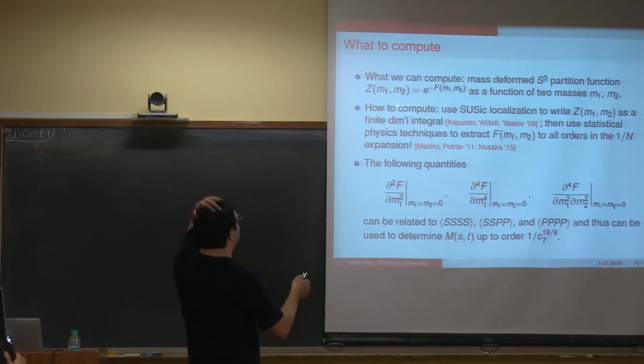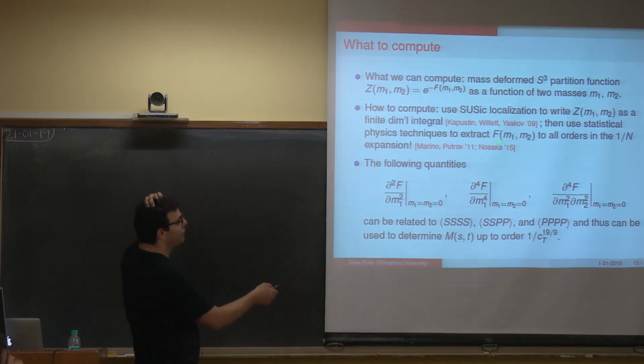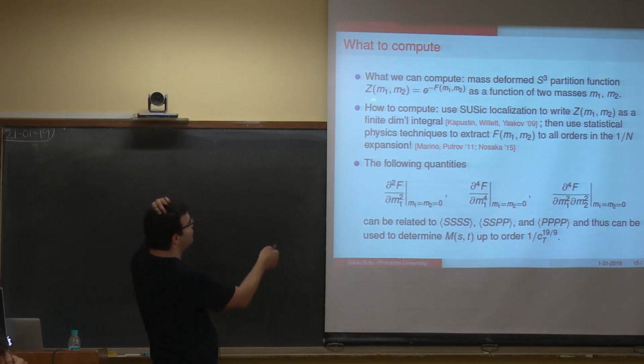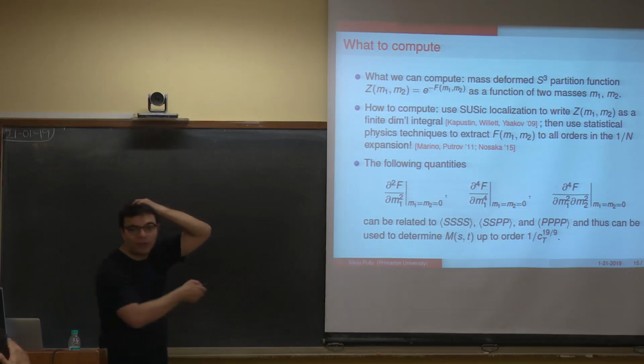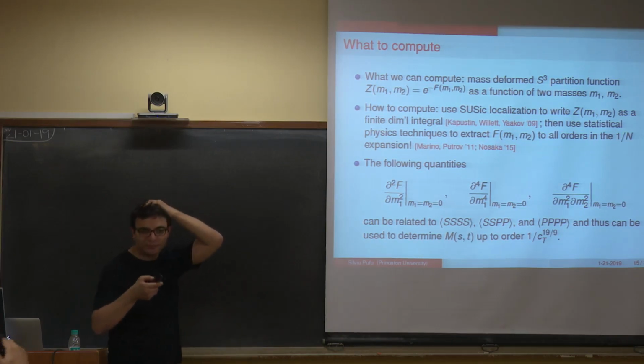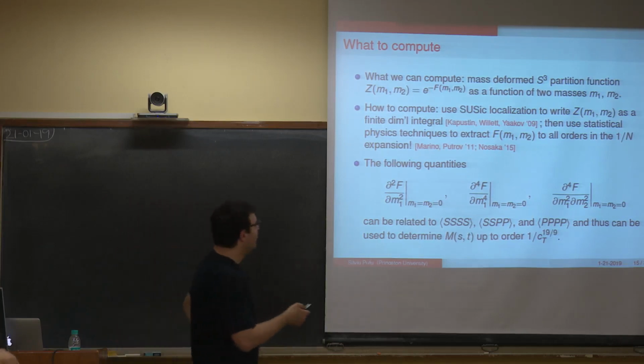Sphere partition function is a function of the masses. How? Right, so using supersymmetric localization, one can write this partition function as a finite dimensional integral. And then one can use some statistical physics techniques to extract the free energy, which is minus the log of the partition function, to all orders in the 1 over n expansion. So these are quantities that are known to all orders in 1 over n.